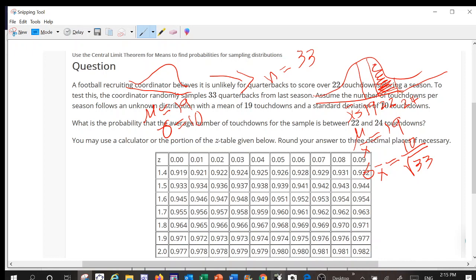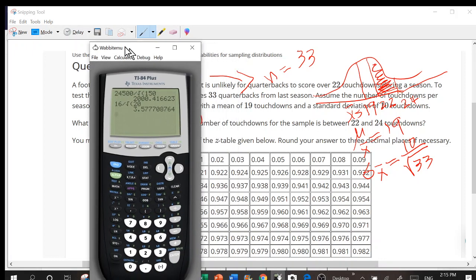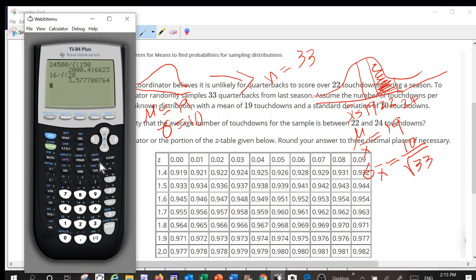We can do this with a normal distribution from 22 to 24. The lower is 22 and the upper is 24, and the mean is 19 and the standard deviation is not 10, but 10 over square root of 33.